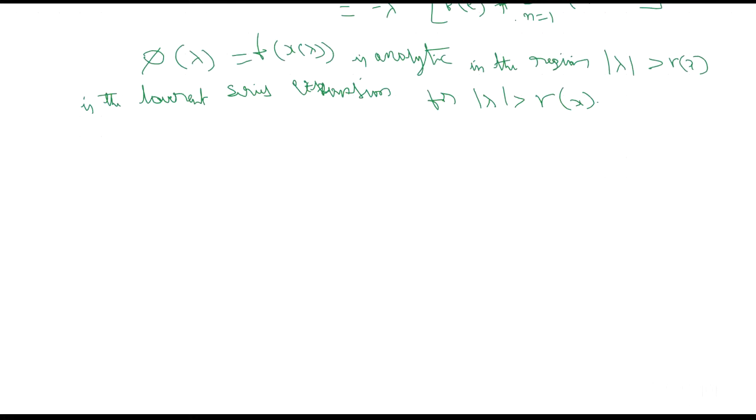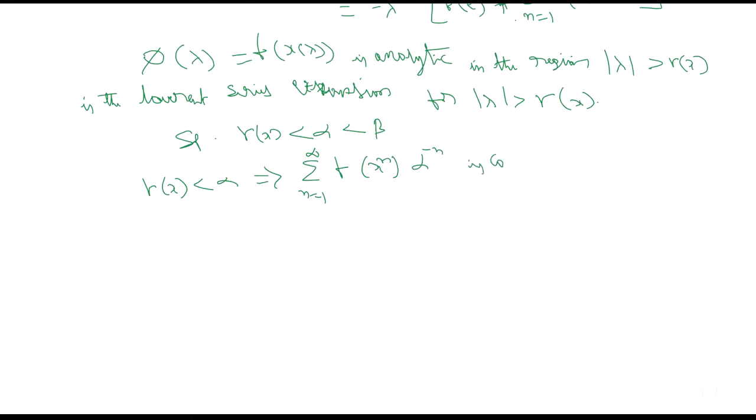Suppose r of x less than alpha less than beta. So r of x is less than alpha. That implies sigma n equal to 1 to infinity of f of x power n times alpha power minus n is convergent.